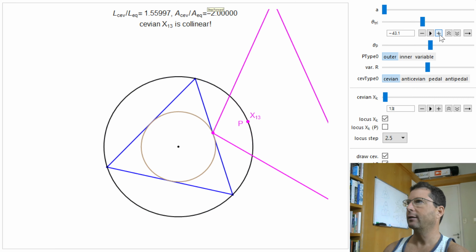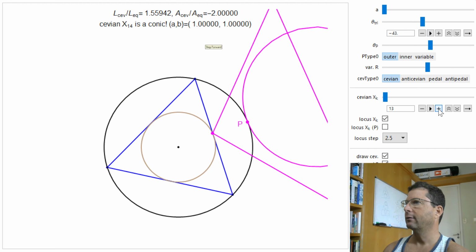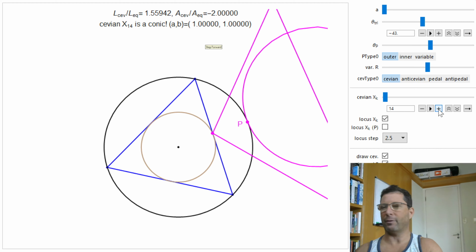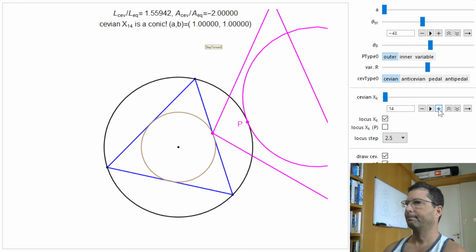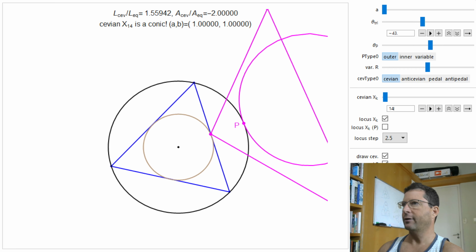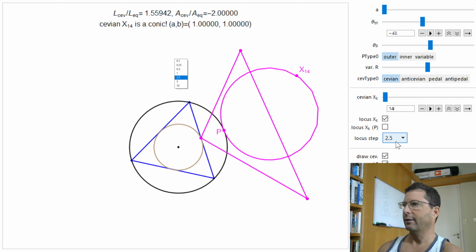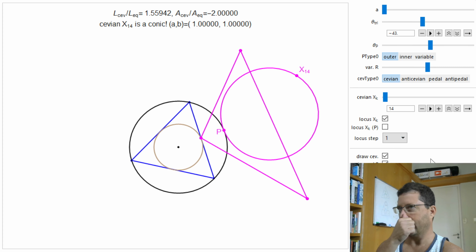How about X14? Let's go to the second, I think it's called the second Fermat point. What is X14 doing? It's a circle, tangent. Let's increase my sampling here to 1 degree on my locus sampling.